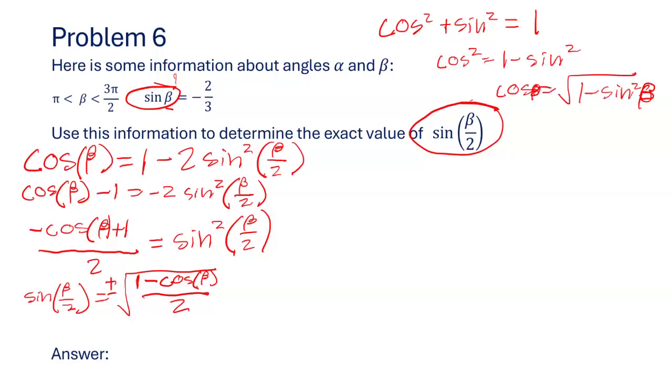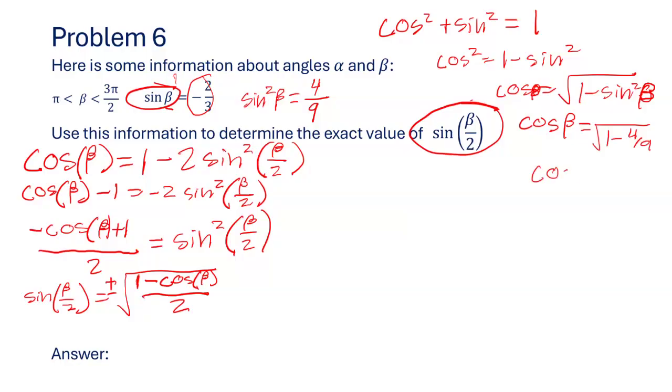Okay, so we have sine of beta is negative 2/3. So sine squared of beta equals, square root of a negative makes a positive, 4/9. Okay, so now we have cosine of beta equals the square root of 1 minus 4/9.